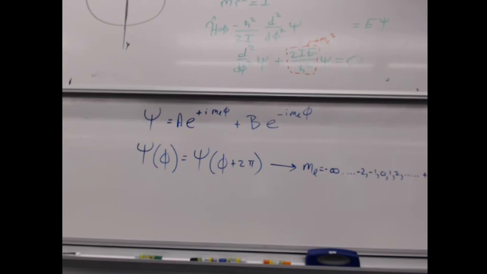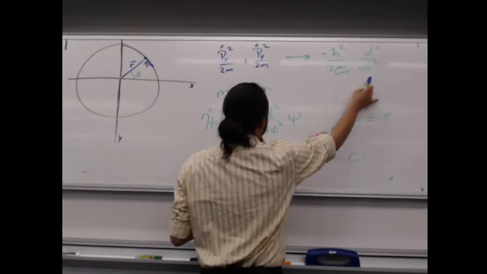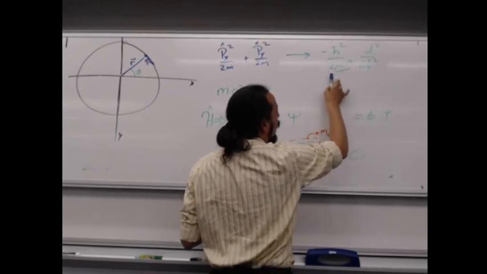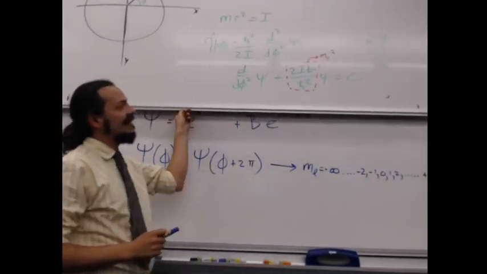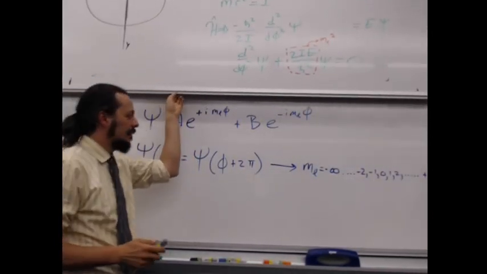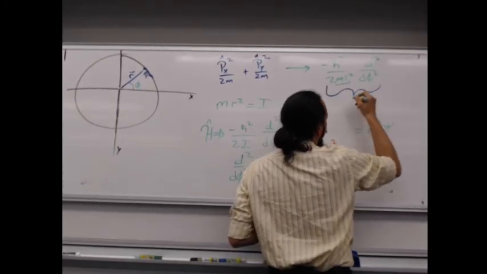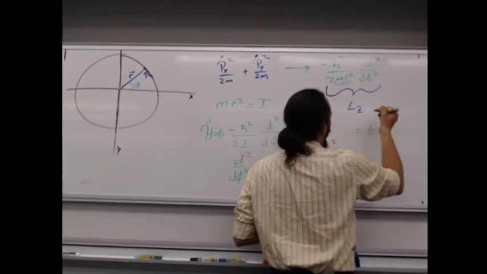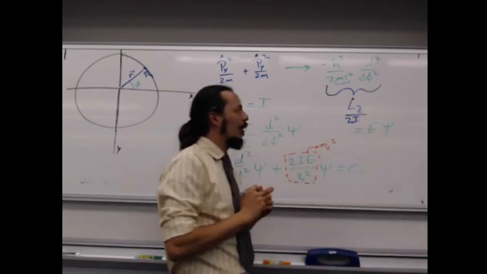We will get to the point where we go through a little bit of the algebra, and I'll show you that this operator that we're using, this negative h bar squared over 2mr squared d by d phi squared, that is essentially going to be, I'll just tell you now, that is going to be the LZ operator over 2I.